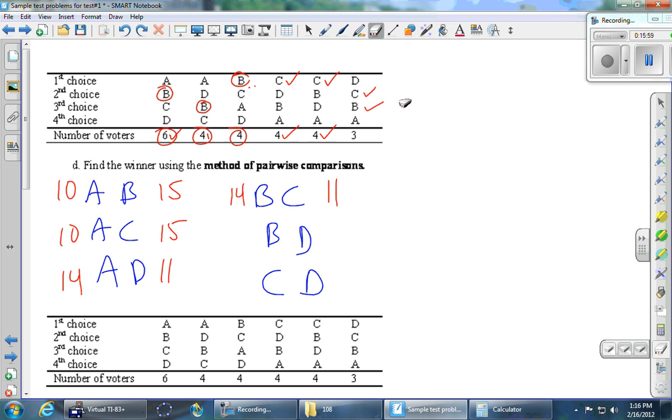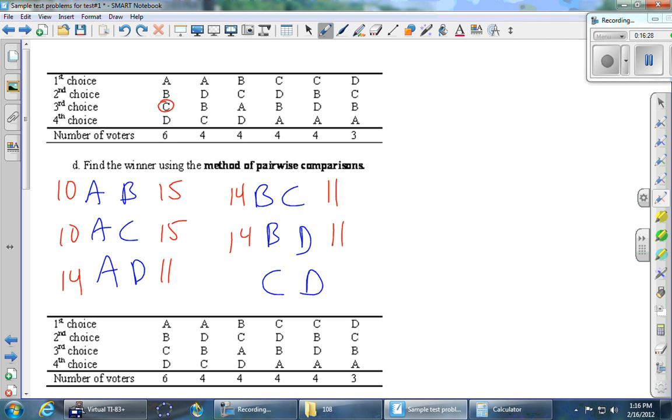We'll erase and start over. Now we're doing B versus D. Again, I'll circle B whenever B is above D. And D gets that one. B is above there. D gets that one. B is above there. And D gets that one. So 6 and 4 is 14 votes for B, 11 for D, and then one more, C versus D. So I will circle C in this case.